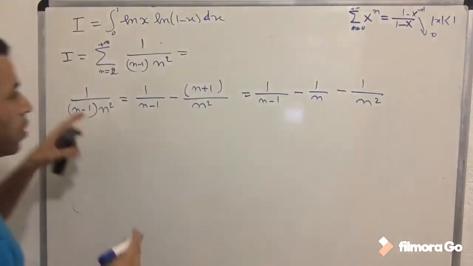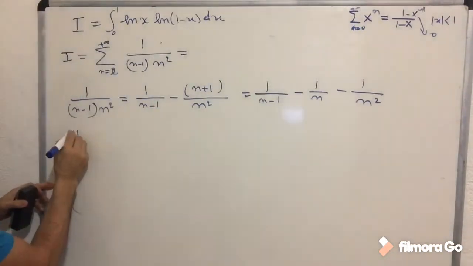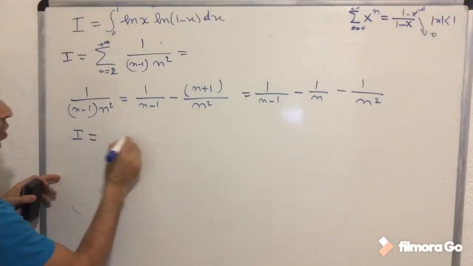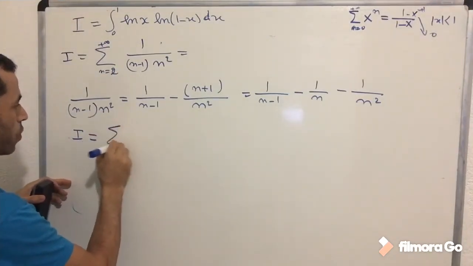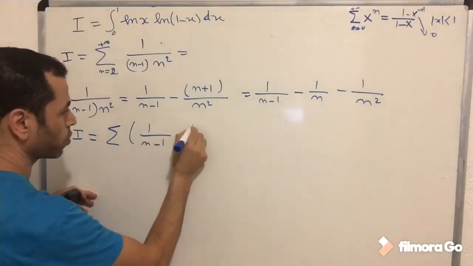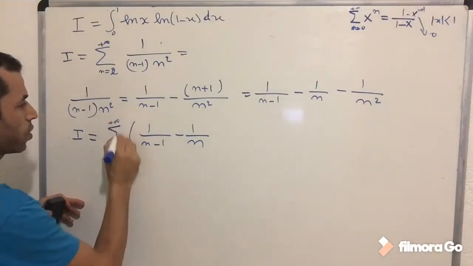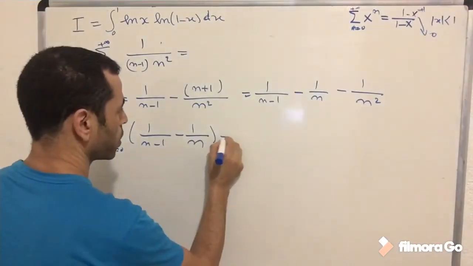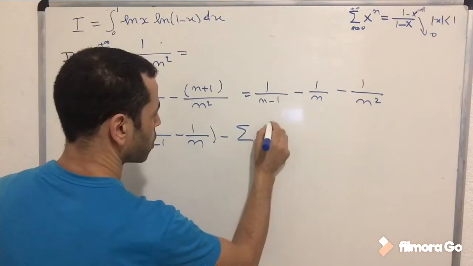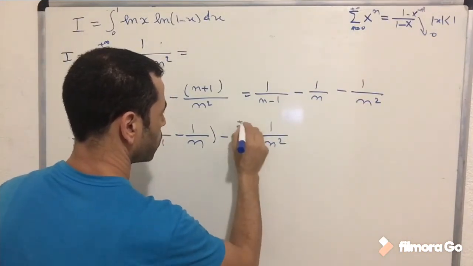Let's rewrite this one in this form. So our integral equals the sum of 1 over (n minus 1) minus 1 over n, from n equals 2 to infinity, minus the sum of 1 over n squared from 2 to infinity.